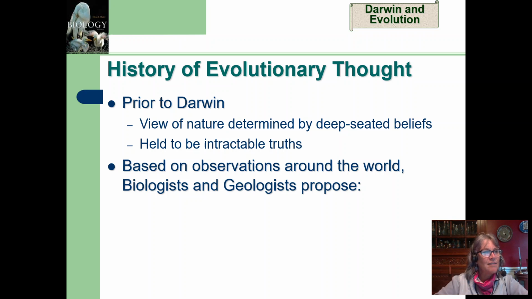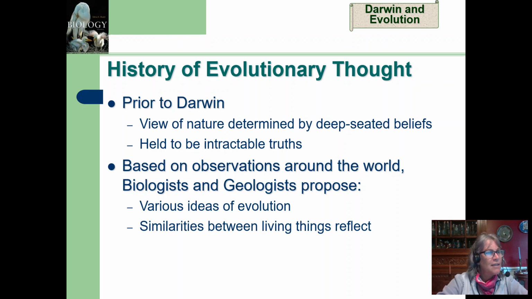But then based on his observations around the world, and not just Darwin's, but all sorts of biologists and geologists, based on observations, based on these research journeys, these trips, started to propose in the early 1800s these different ideas about evolution.